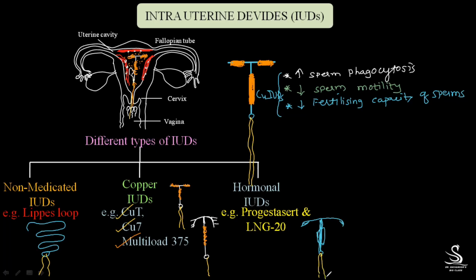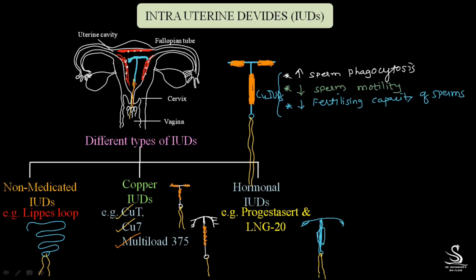Now, instead of the copper T, I'm going to replace that copper T with a hormone-releasing IUD. Here you can observe, students. Now, instead of that, I'm placing here the hormone-releasing IUD. Yes, this is the hormone-releasing IUD.